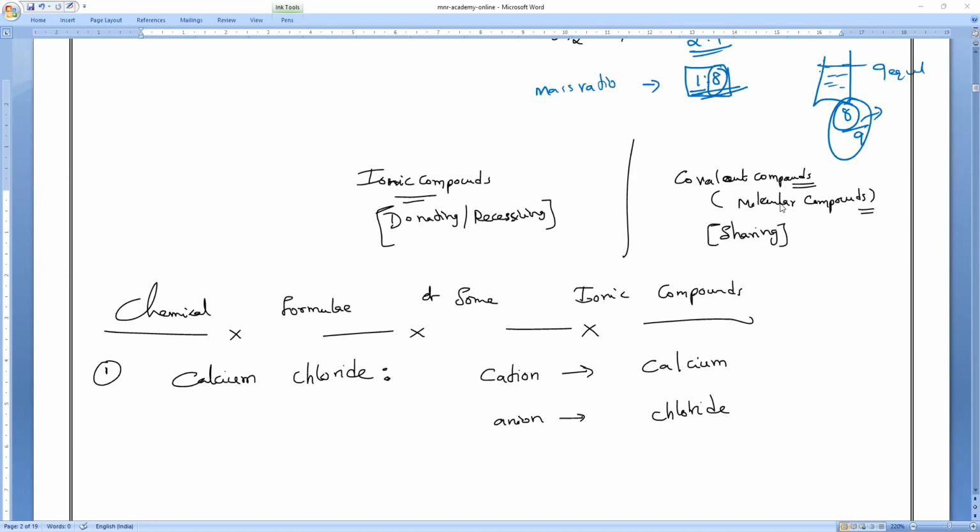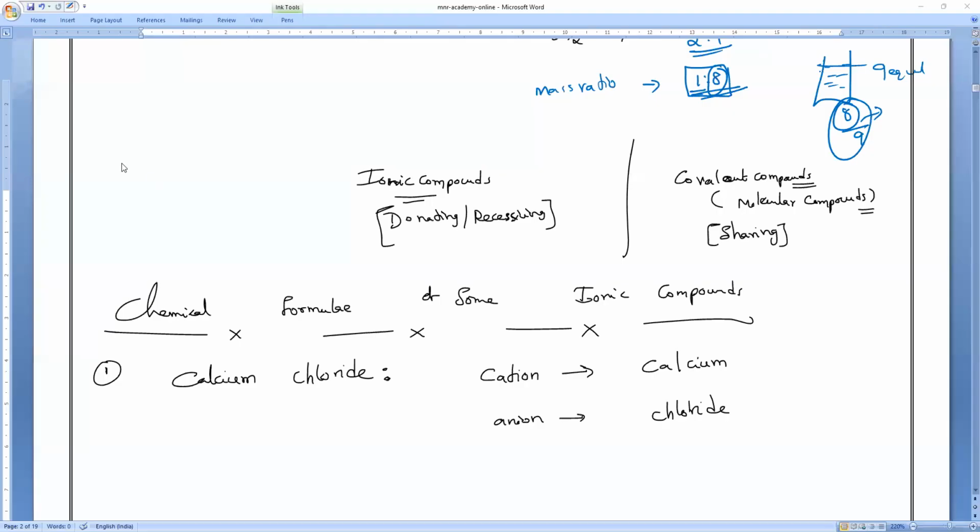Sir, how are you writing calcium as the cation and chloride as the anion? I already taught you now. The cation's name will never change, it comes exactly as it is. An anion's name will end with either IDE, ATE or ITE. Did I teach you or not? Anion means it ends with this, and cation means no change in name.